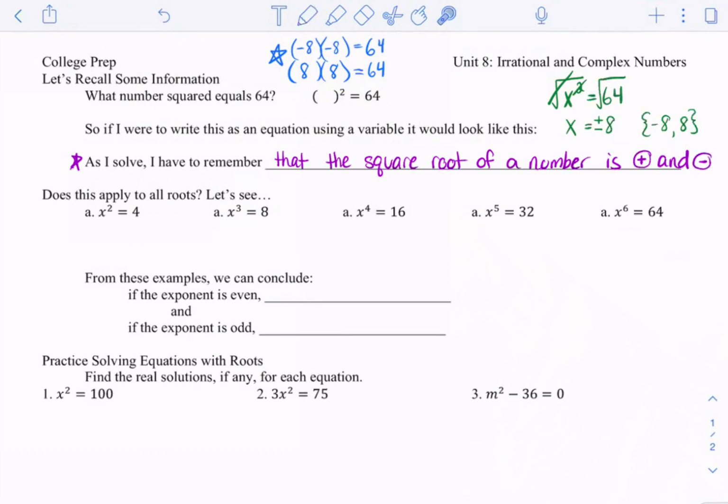So the question is, does this apply to all the roots? So it works for a square root, but does it work for when we have x to the 3rd, or x to the 4th, or x to the 5th, or x to the 6th? So that's the question we want to ask before we could even solve an equation that has these exponents.